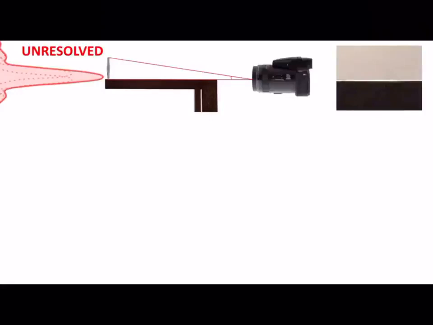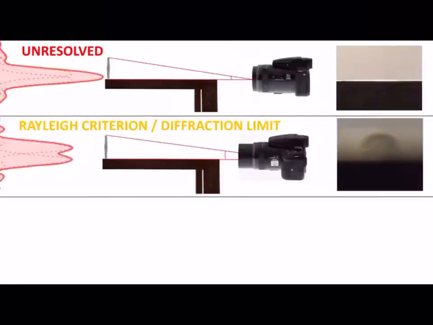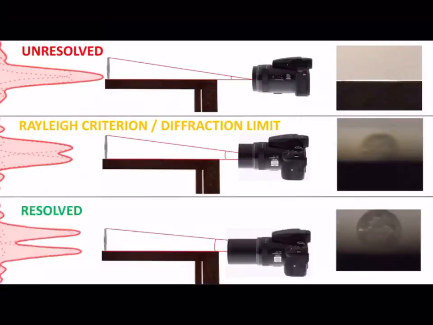It's just unresolved. But when you zoom back in, you increase the focal length and you increase the angle at which you are viewing that object. Now, when you zoom in enough, it will meet the Rayleigh criterion, where you can see the two distinct objects again, the coin and the table. And when you get past that diffraction limit, you can fully resolve the object. Now this has all to do with the angle that you are viewing an object.